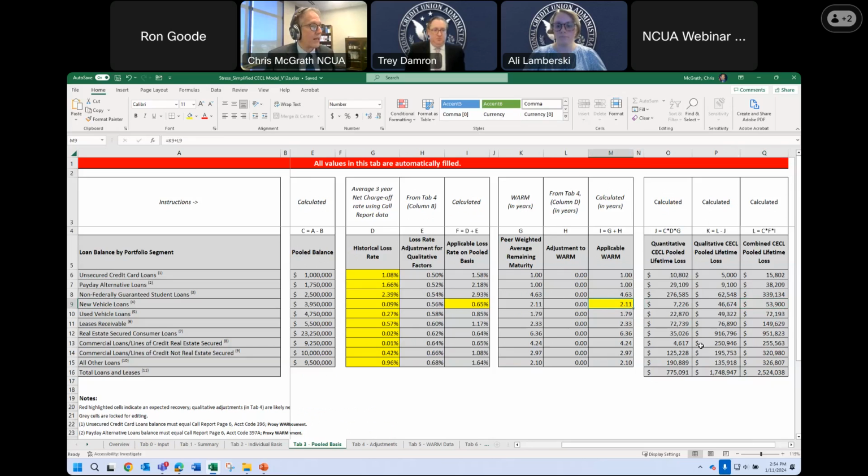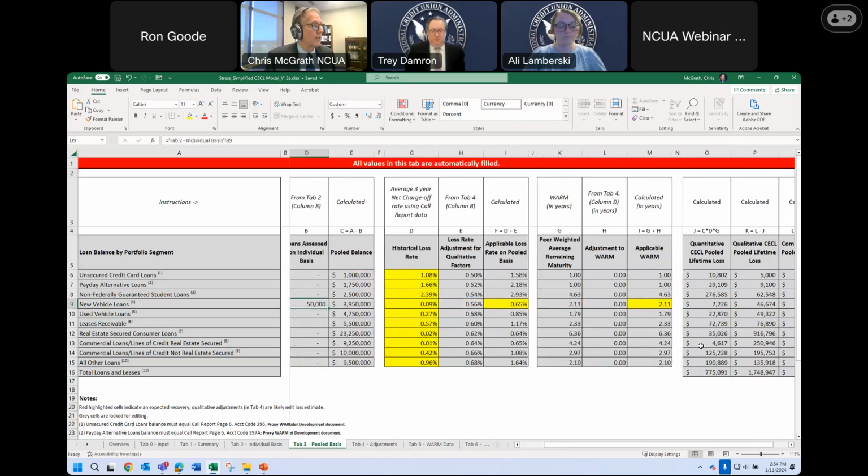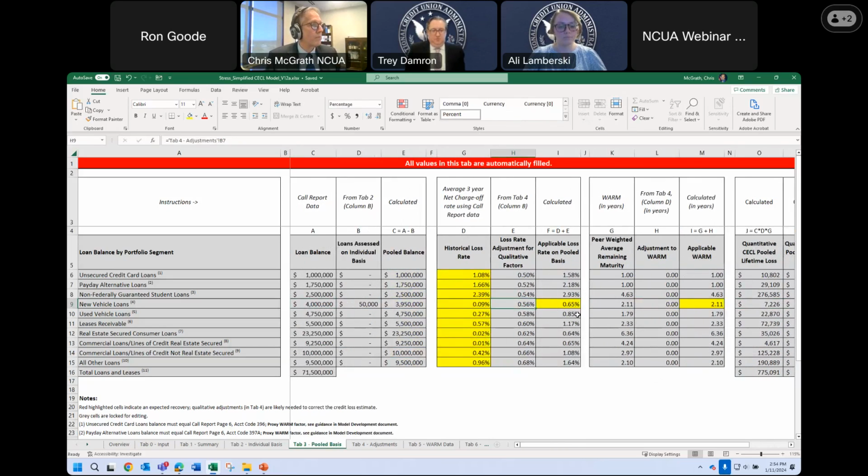Now, what I haven't talked about is whether qualitative adjustments are needed for the loss rate or for the warm factor. And this is where we would put in qualitative adjustments.